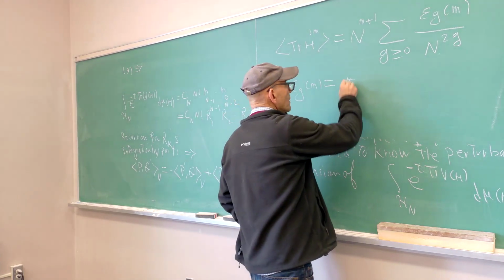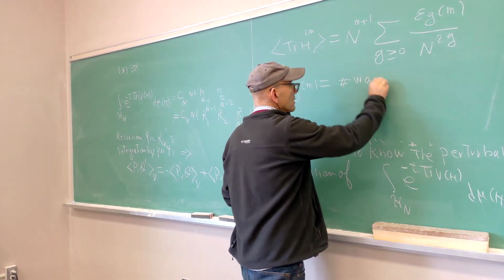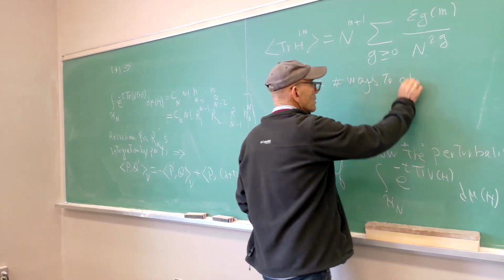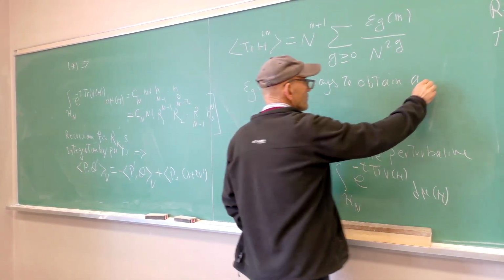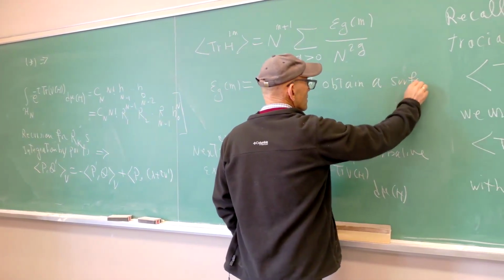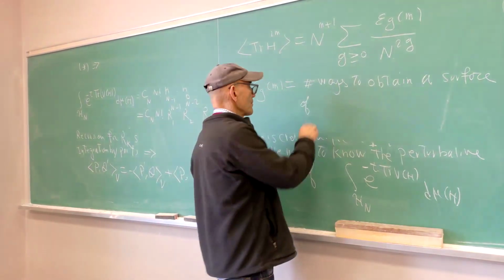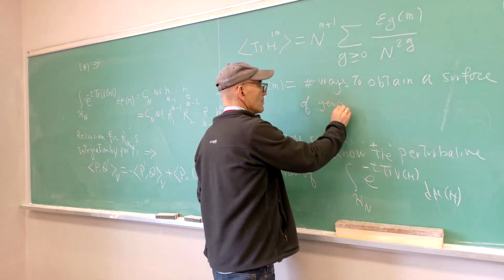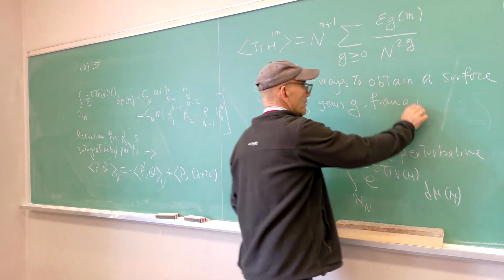The number of ways to obtain a surface of genus g from a pairing.